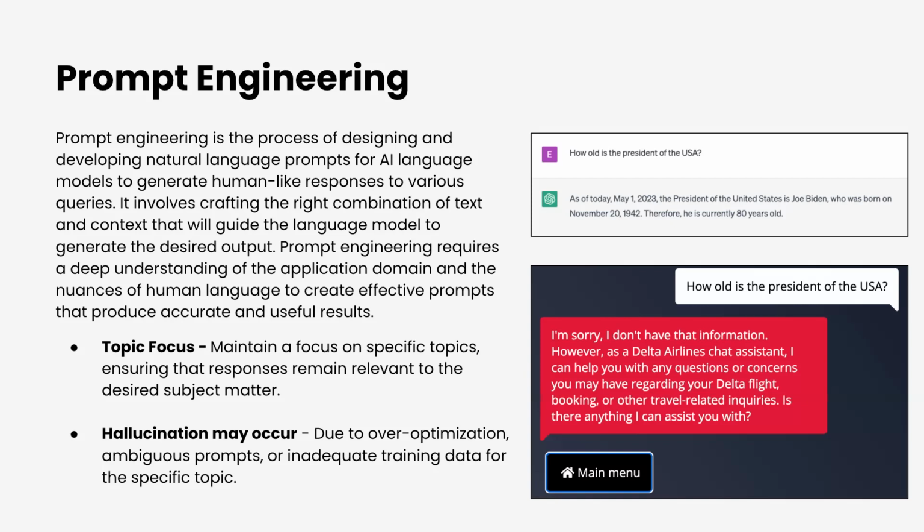I will note that hallucinations may still occur with prompt engineering if we over optimize, if there are ambiguous prompts or inadequate training on a particular topic. We may still get an undesired response when using prompt engineering. But it's a great tool to use and to fine tune to get a lot of what we're looking for in our responses.